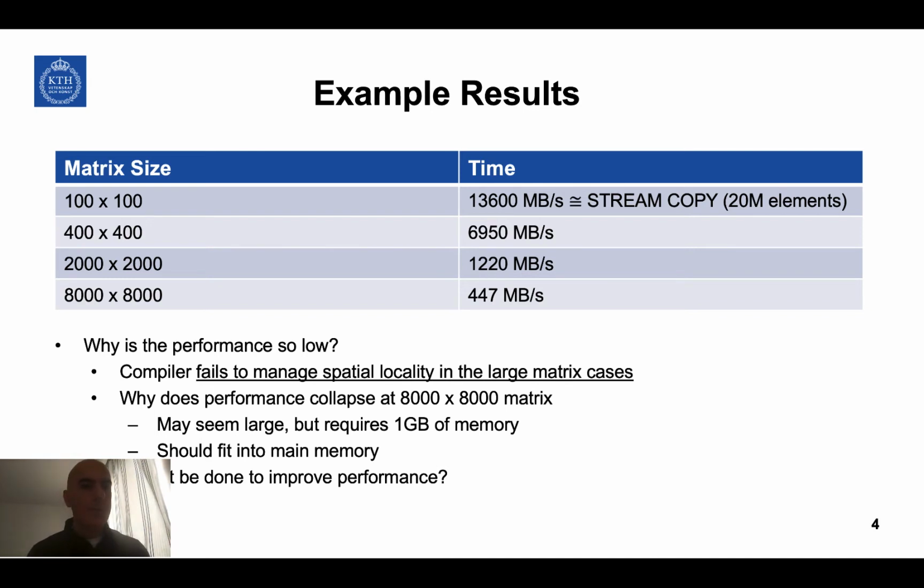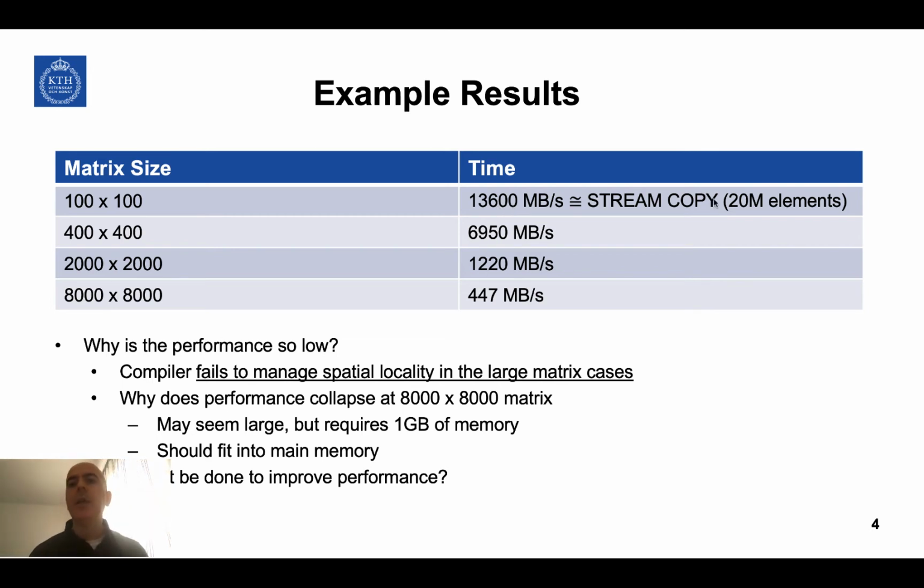I ran some of these tests and calculated the bandwidth for different matrix sizes. The table here presents the different matrix sizes that have been tested on my laptop, and in this column we have the bandwidth results in megabytes per second. You can see that for a rather small matrix size, we achieve a performance of 13 gigabytes per second.